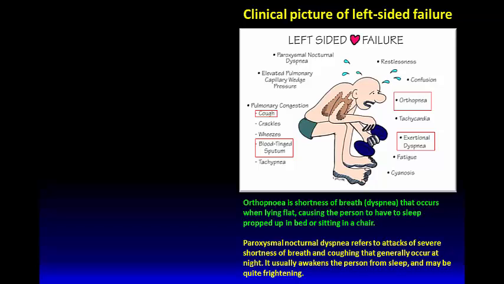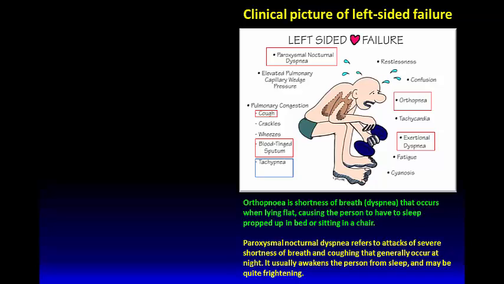Other important symptoms of left-sided failure include paroxysmal nocturnal dyspnea. Paroxysmal nocturnal dyspnea refers to attacks of severe shortness of breath and cough which generally occur at night. So an attack usually awakes the patient from sleep and may be quite frightening.